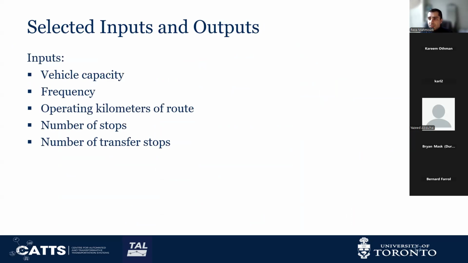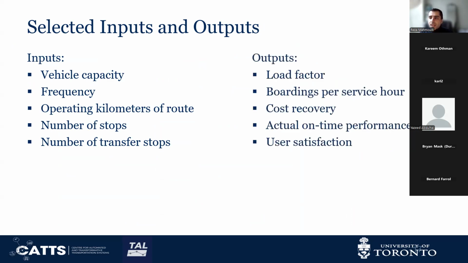For the case of the city of Mississauga, we decided to have 5 inputs, KPIs that reflect the cost in the network: vehicle capacity, frequency, operating kilometers of routes, number of stops, and number of transfer stops. And we decided to have 5 outputs: load factor, boarding per service hour, cost recovery, actual on-time performance, and user satisfaction.